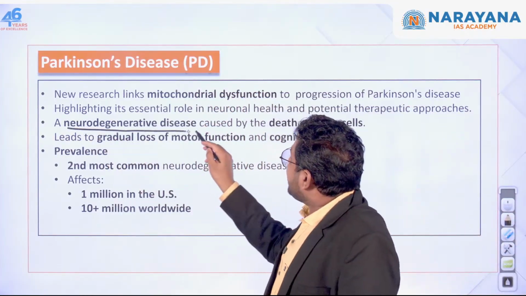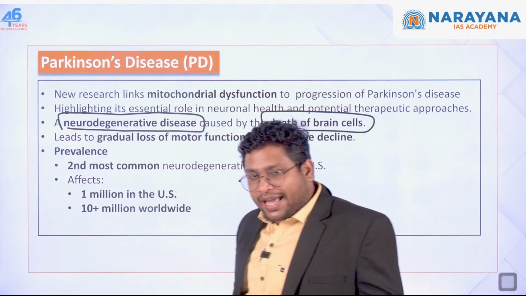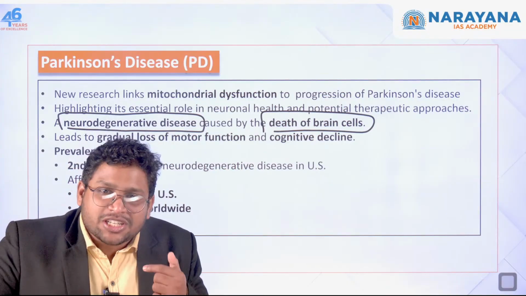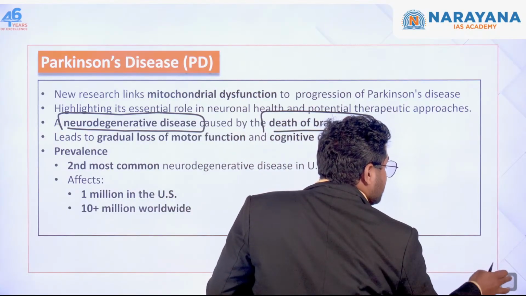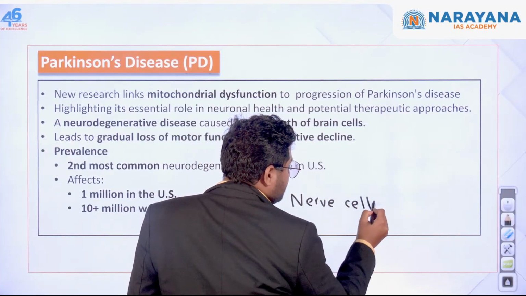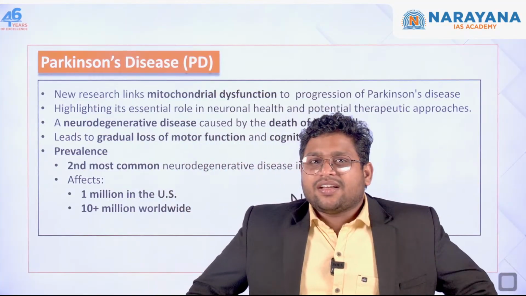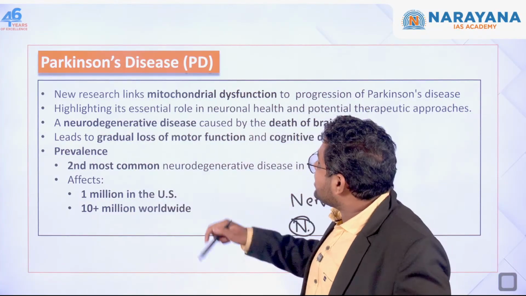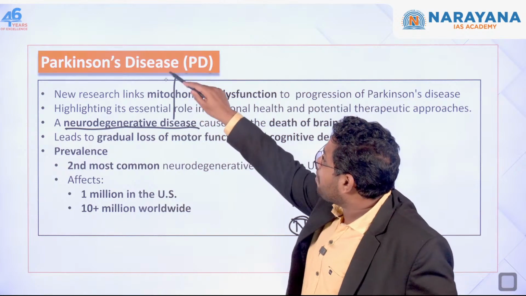It's a neurodegenerative disease caused by the death of brain cells. There are special cells in your brain, nerve cells, or neurons. When these cells are dying or getting damaged, such a state is neurodegeneration, and this leads to Parkinson disease.